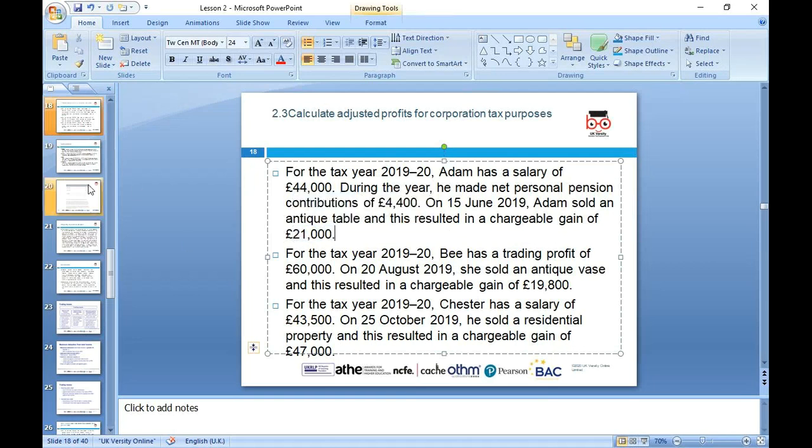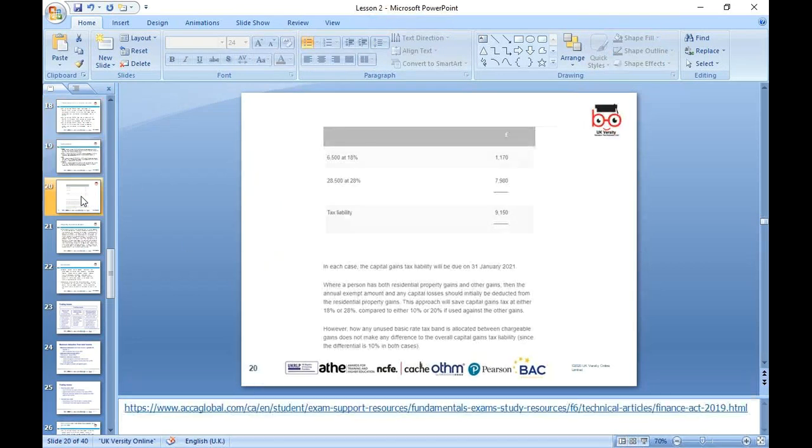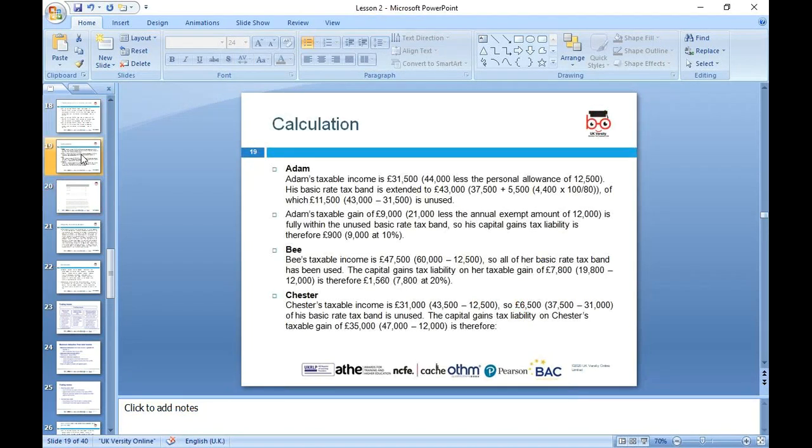He sold it for 21,000, but we have a rule that 12,000 can be exempt. So 21,000 minus 12,000 is 9,000. Then you apply the tax liability percentage, which is 900.